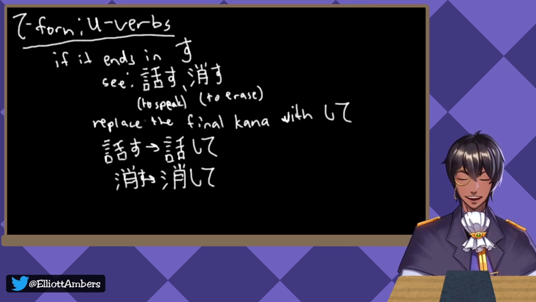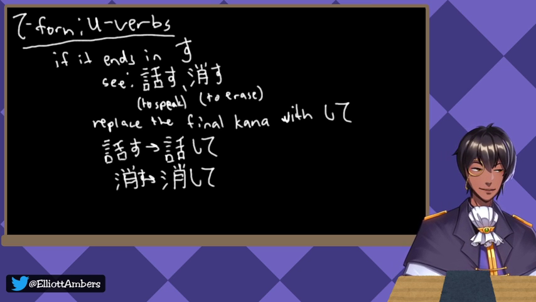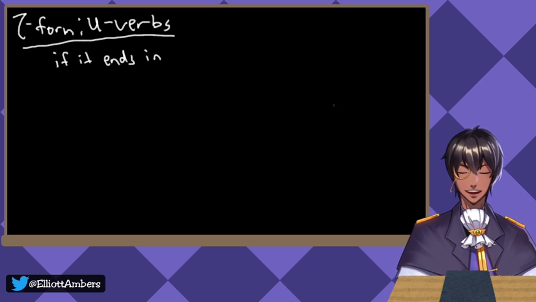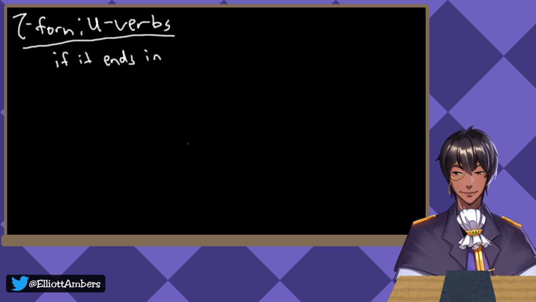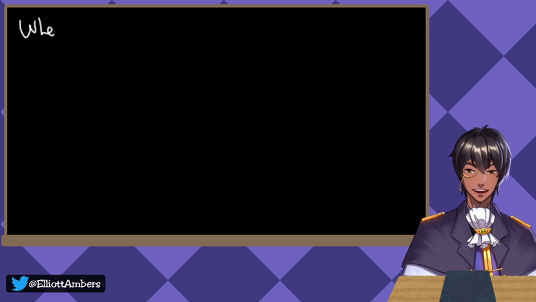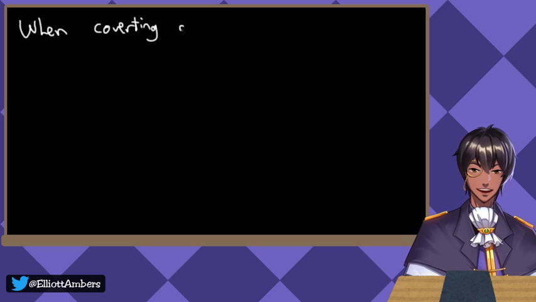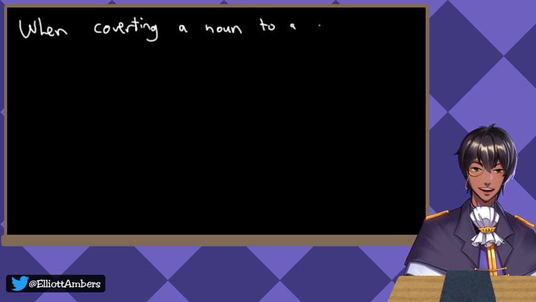And we also have one last thing to talk about. So, we went over all the verb endings, and what we need to talk about now is converting a noun to a verb.